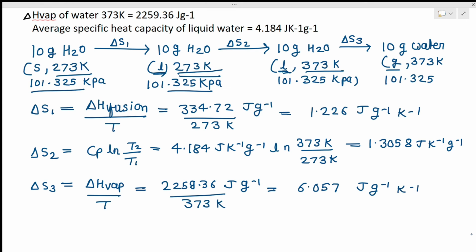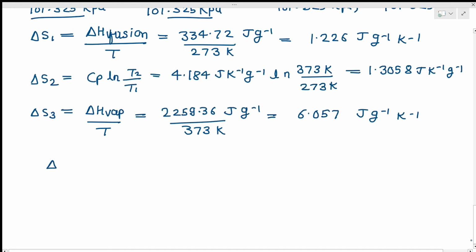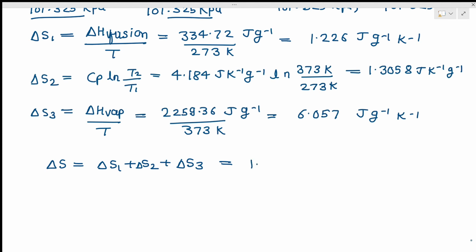Now you have to find out total del S. This will be equal to del S1 plus del S2 plus del S3. You can calculate 1.226 plus 1.3058 plus 6.057. This will be equal to 8.588 joule per Kelvin per gram.